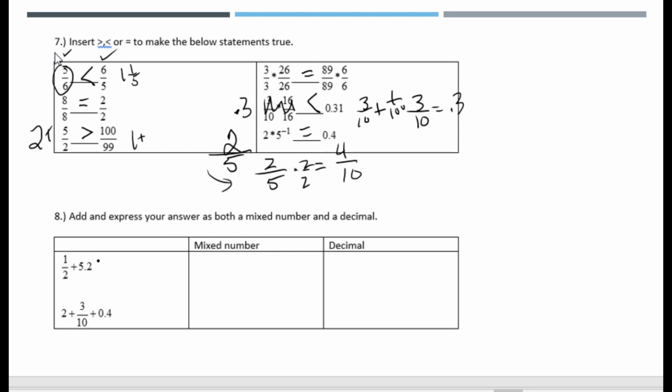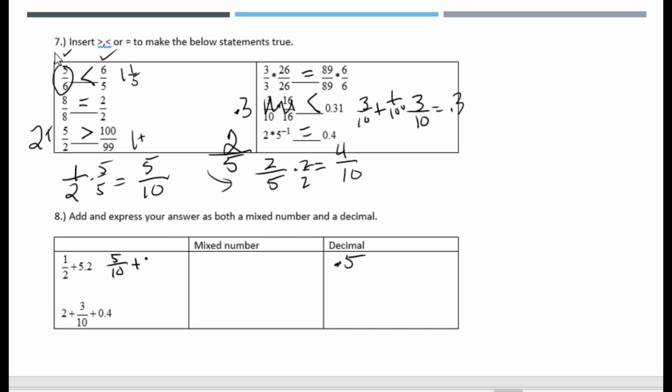So I'm going to change this to a mixed number and then a decimal. So 1/2, changing it to a decimal, I need it to be tenths, which I know 2 goes into 10, right? 2 times 5 is 10. So if you didn't know that, you now know that that's 5/10, or 0.5.